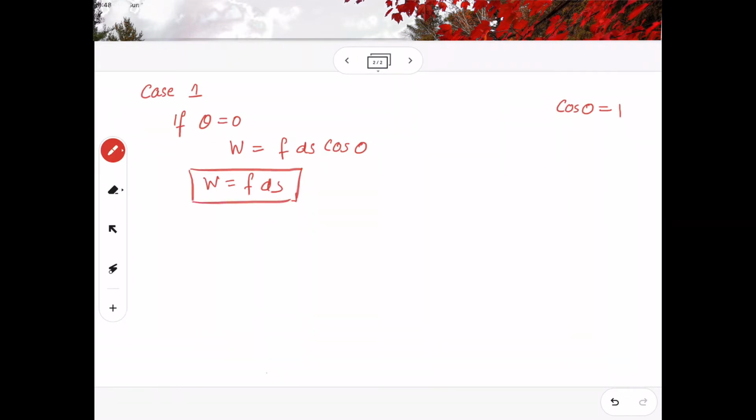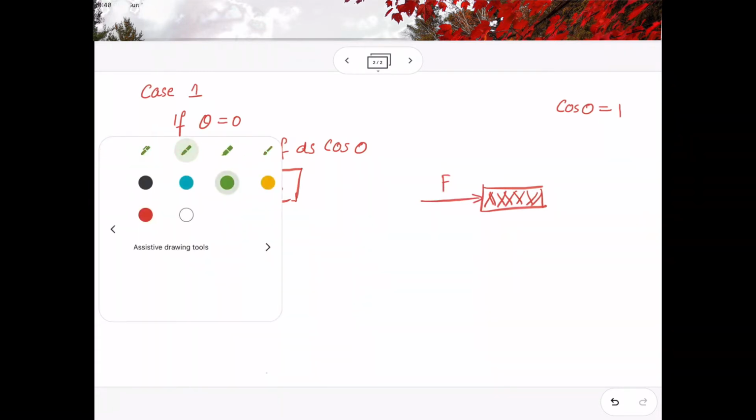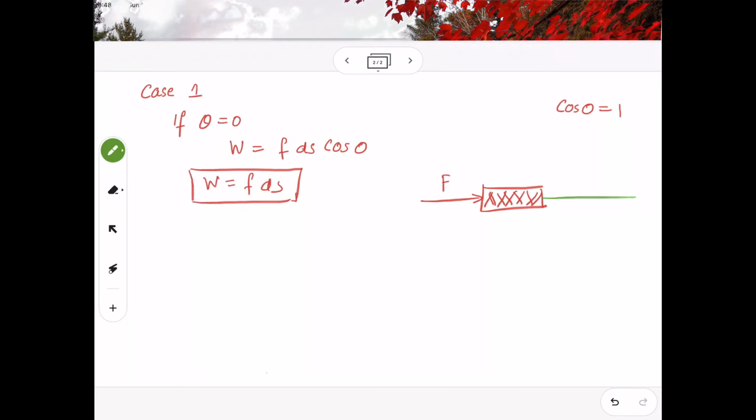What does it mean? Its meaning is very simple. If you are considering a wooden box or any object and I am applying a force like this, this is my force. Now the direction of the displacement is in this way.